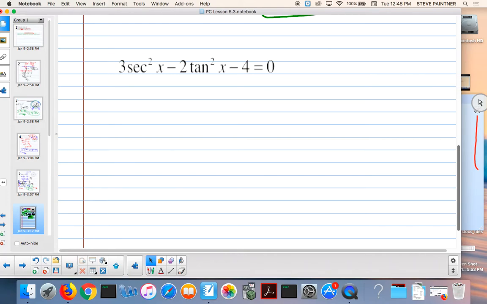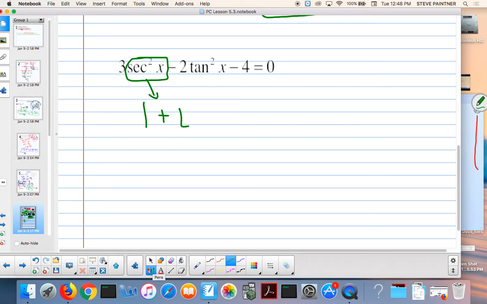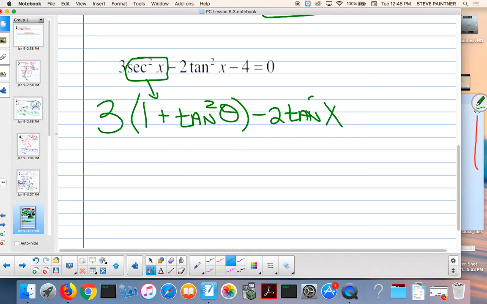Okay, so Maddie says this can be changed to what? Okay, and she's right. Using her identity, secant squared is this. She just replaces it with this, puts her 3 back out here, subtracts this, right? And this is squared minus 4 equals 0.